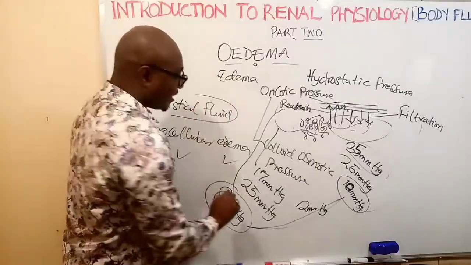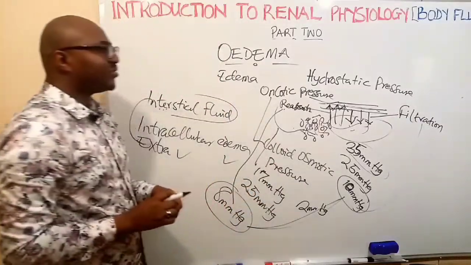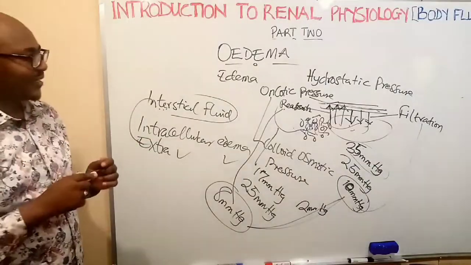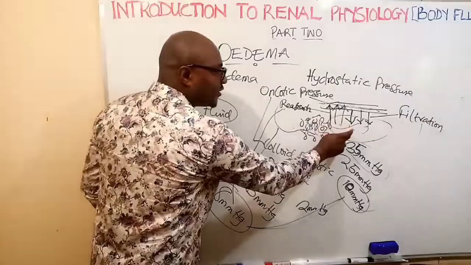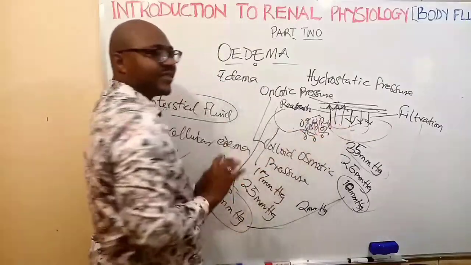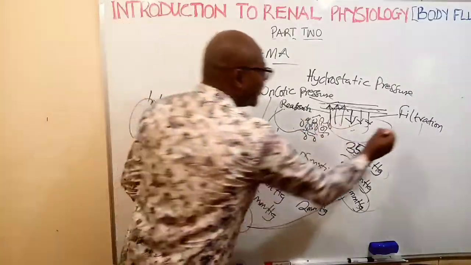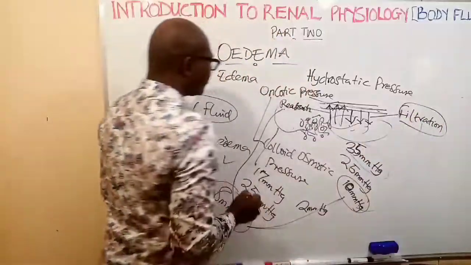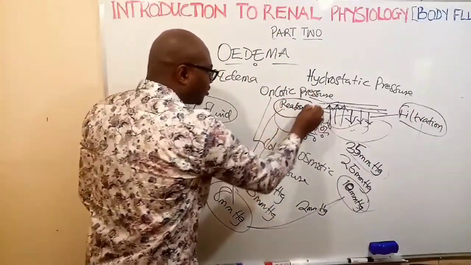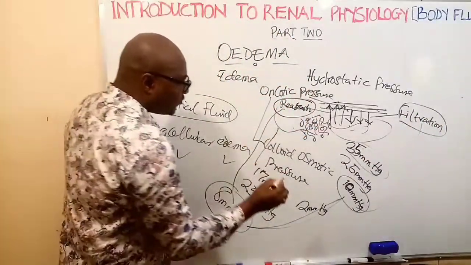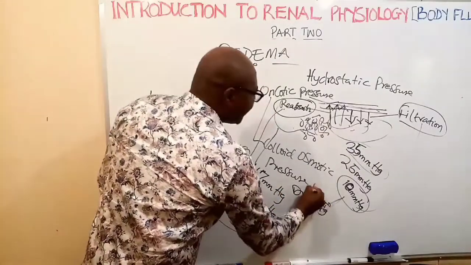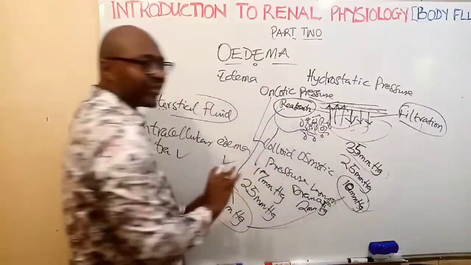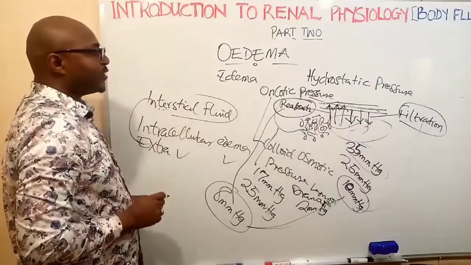All right, so that's what happens. So we've mentioned 3 important things that contribute to how much fluid is left in this interstitial compartment: filtration, reabsorption, and lymphatic drainage.